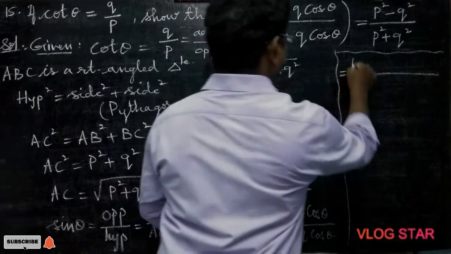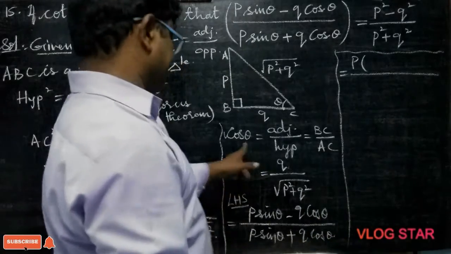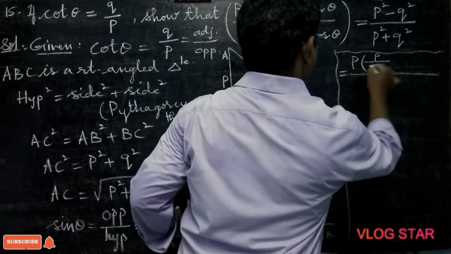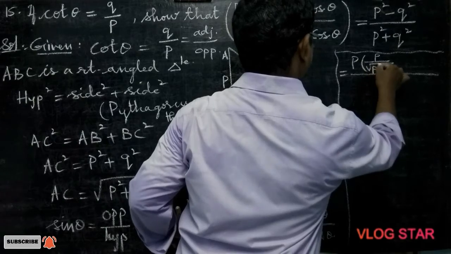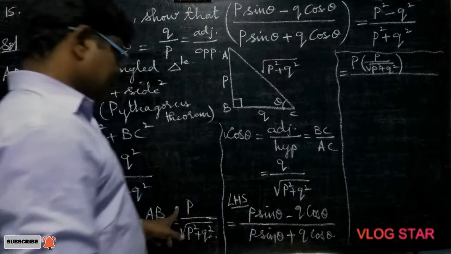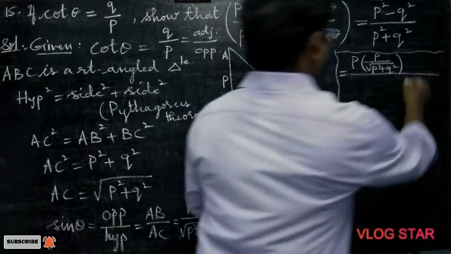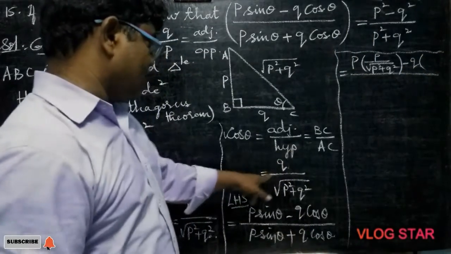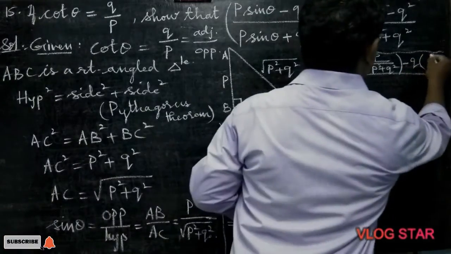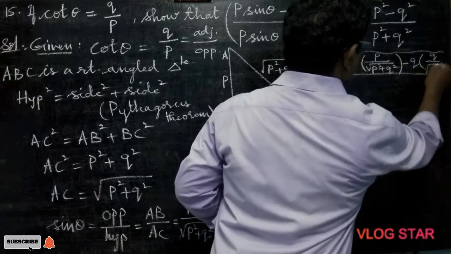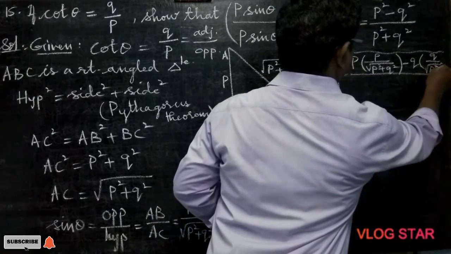That is equal to P into sin theta, P by square root of P square plus Q square. Next, minus is there, minus Q into cos theta. Cos theta means Q by square root of P square plus Q square.